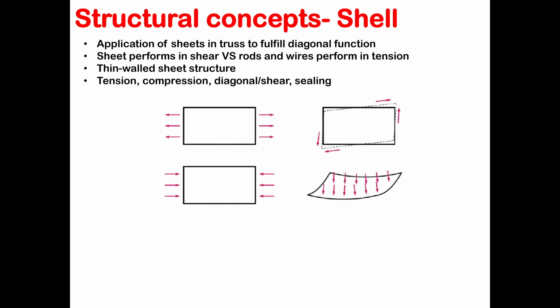be used in sealing. Examples of forces that are being applied to a plate: sheets are very strong in tension, they are weak in compression, and we can increase their stiffness just by playing with their geometry.